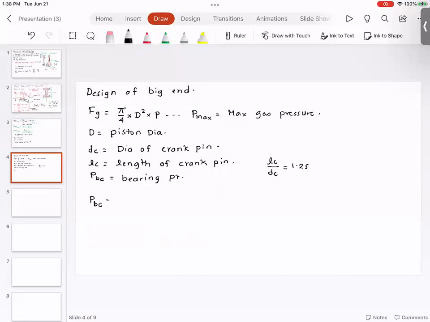pbc is equal to F1 divided by dc lc. F1 is m r omega squared.